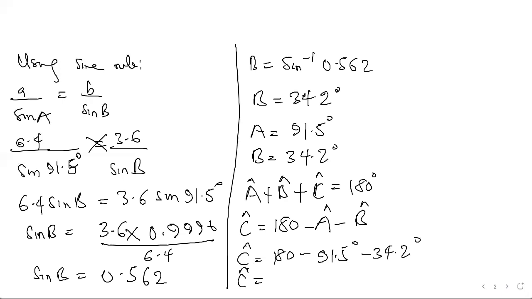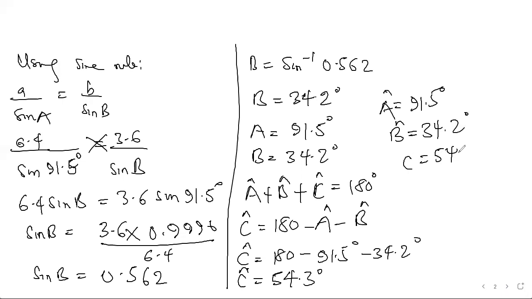That gives you 54.3. So now we know all the angles: A is 91.5, B is 34.2, and C is approximately 54.3.